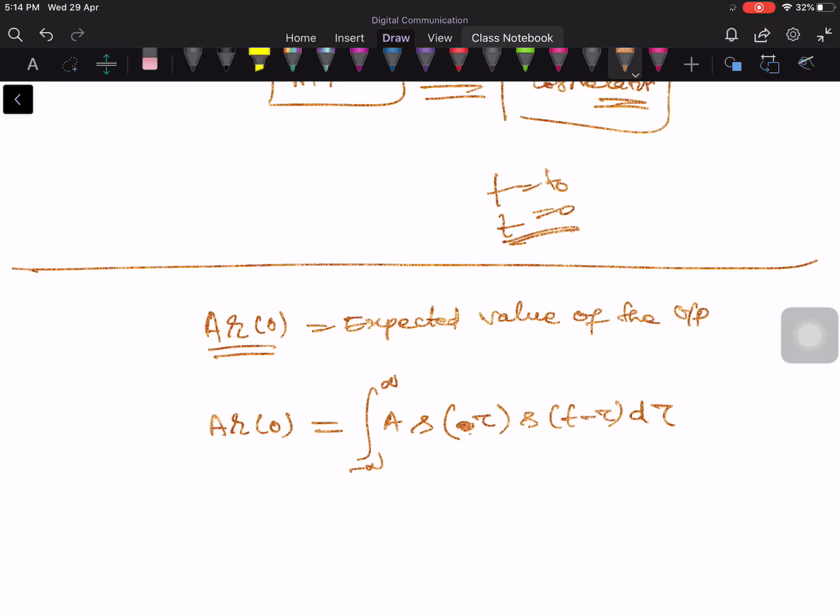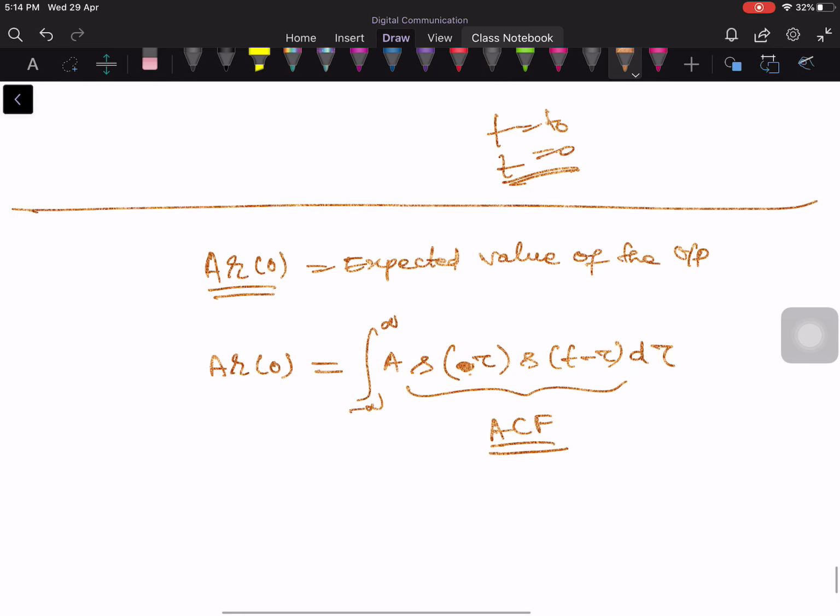Okay, now if you look at this expression, this is something called the autocorrelation function. Let me put A times R after this, not 0. Let me rewrite this. A times R of t is the integral of s of tau and s of t minus tau. This I have written directly, this expression.